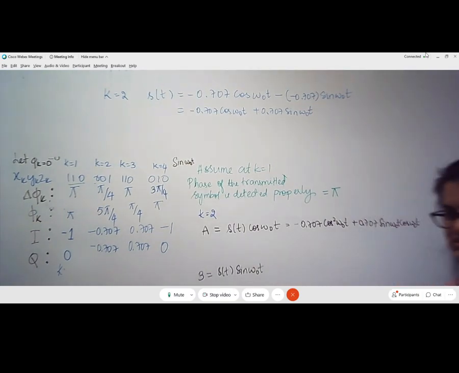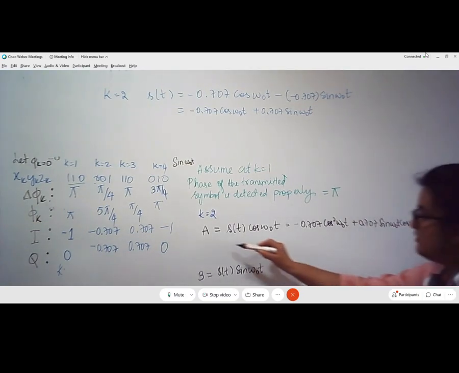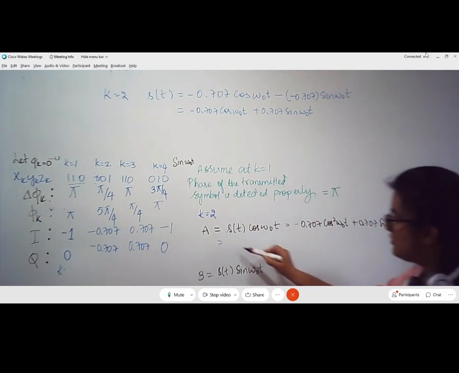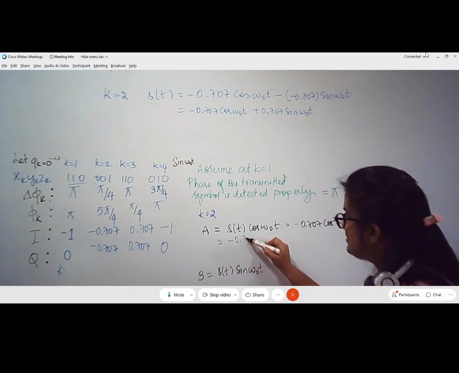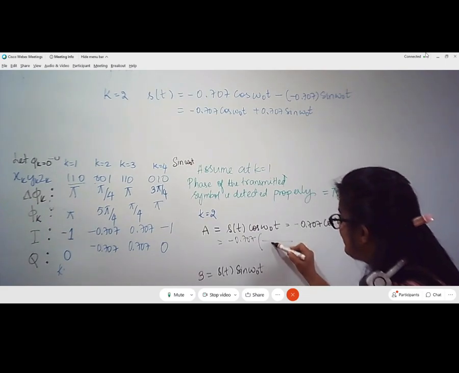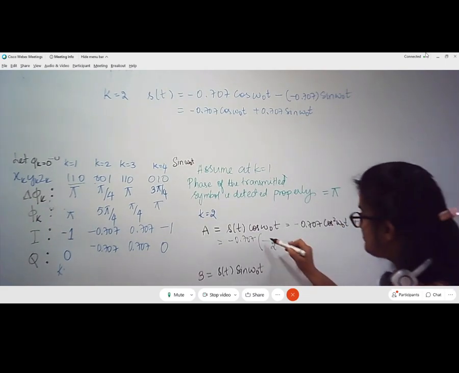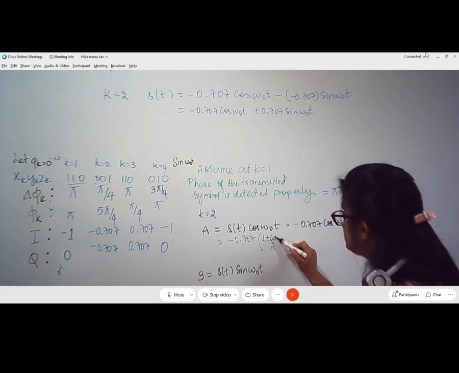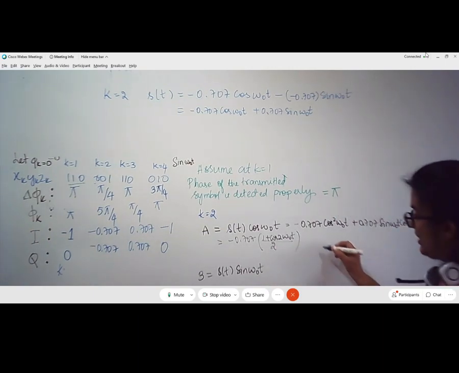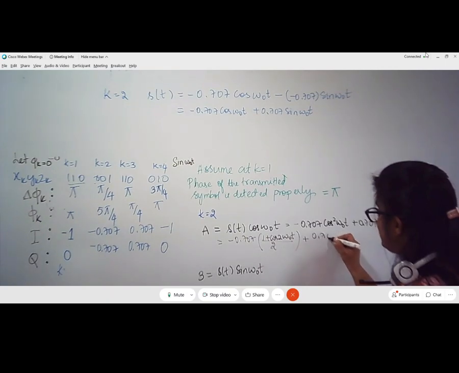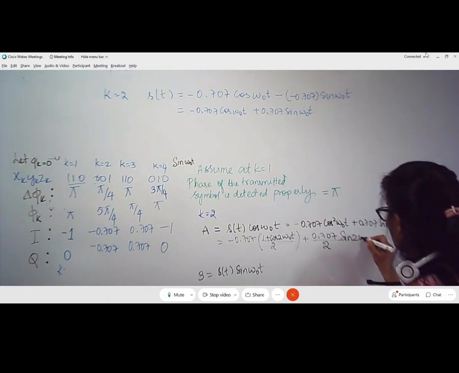Once you resolve this, you're going to get minus 0.707 multiplied by 1 plus cos 2 omega naught t divided by 2 plus 0.707 divided by 2 into sin 2 omega naught t.